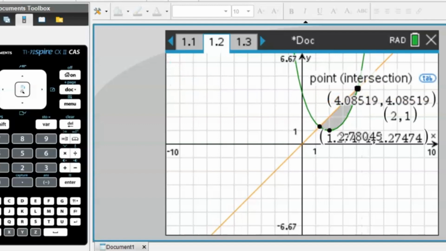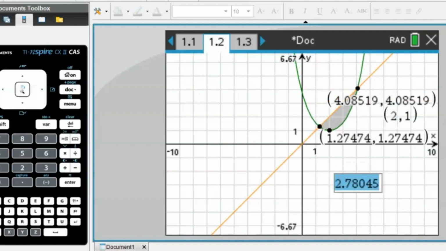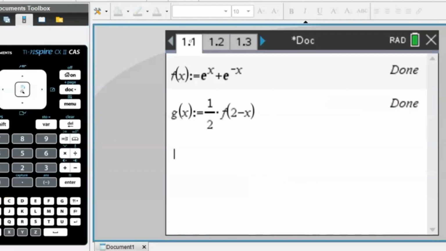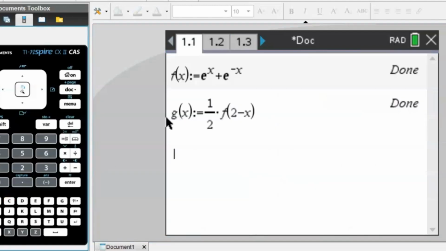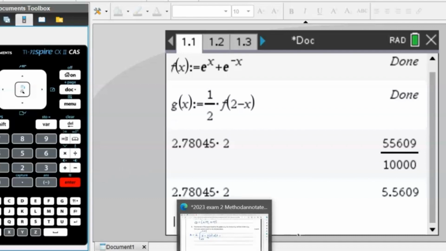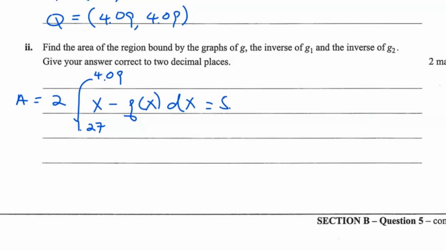That answer, Control C, and I can just Control V this, times 2. Same thing. Okay, 5.56 units square.